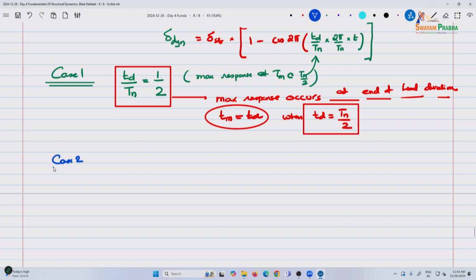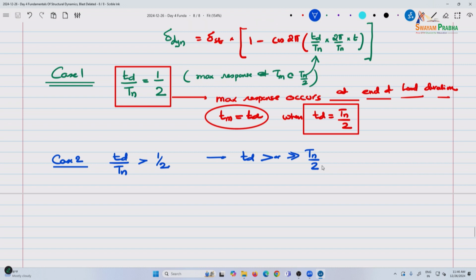Case 2, when Td by Tn is greater than half. Let's just see, which means that Td is greater or much greater than Tn. There are two scenarios. Td is much greater than Tn, so the load duration lasts for a while, long loads.